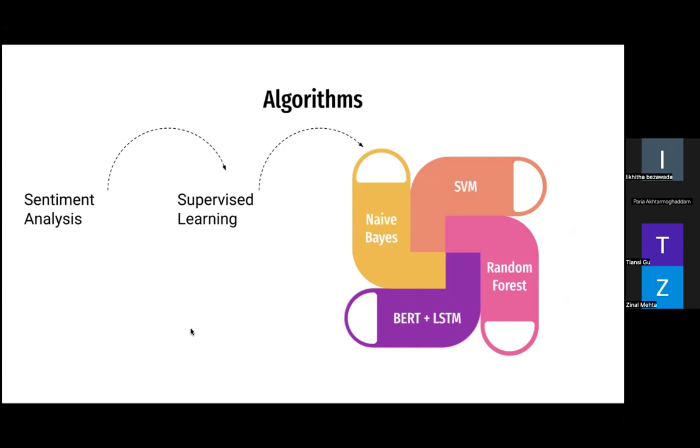And SVM, which is a powerful model that finds the best boundary between positive and negative sentiments. It works well with text data and high-dimensional features. We can also use random forest and BERT plus LSTM. Using a mix of these algorithms, we can make sentiment analysis more precise and insightful.